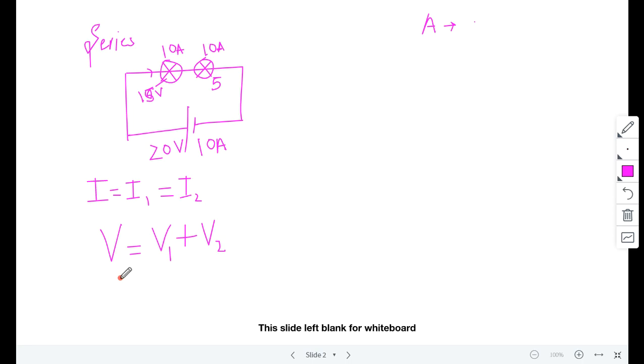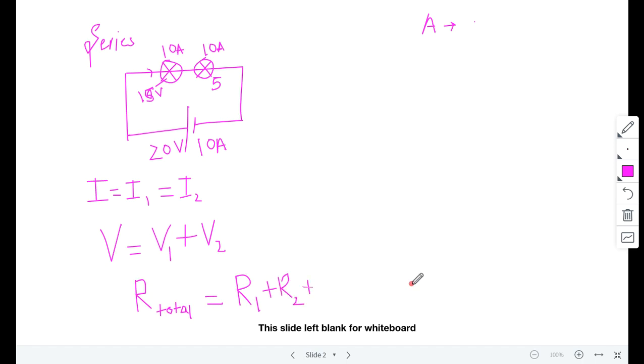So the resistance here, equivalent resistance. First, the important thing is the total resistance of a given circuit. How to calculate the total resistance in a series circuit? R total equals R1 plus R2 plus so on.